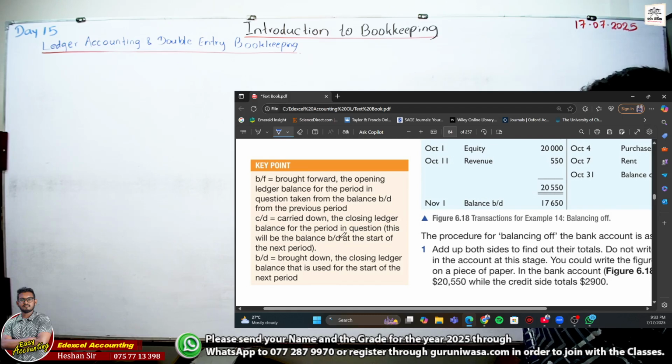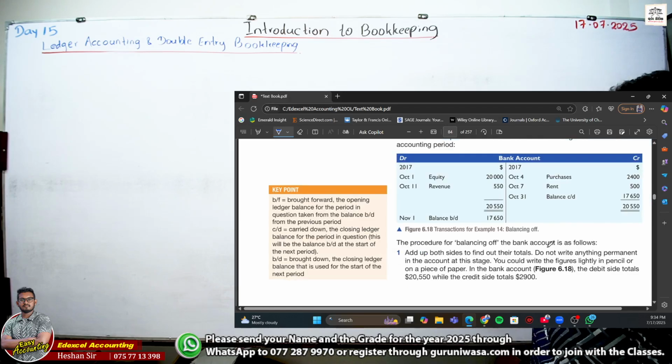This will be the balance BD at the starting of the next period, brought down, the closing ledger balance that is used to start the next period. BD means balance brought down, CD means carried down, BF means brought forward.